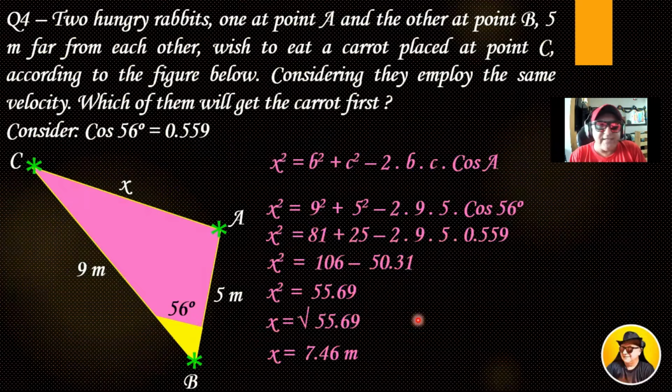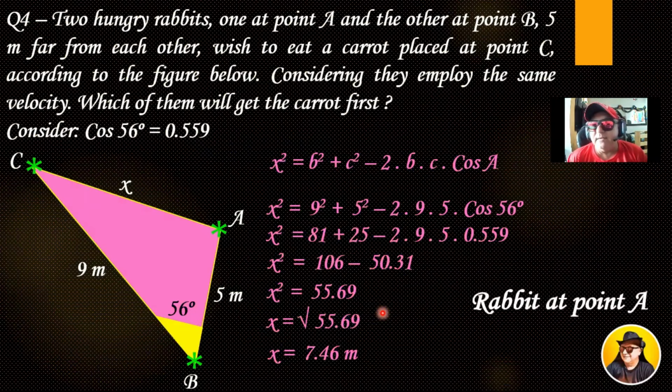So the one that is nearer the carrot is going to eat it first. So the distance between B and the carrot is 9 meters. And the distance between A and C is x, which is 7.46. So obviously, the rabbit at point A is going to get the carrot first. Okay, so rabbit A is going to get the carrot first.